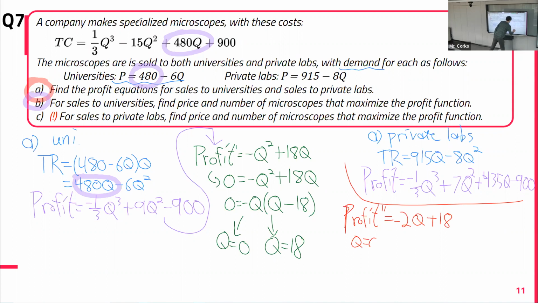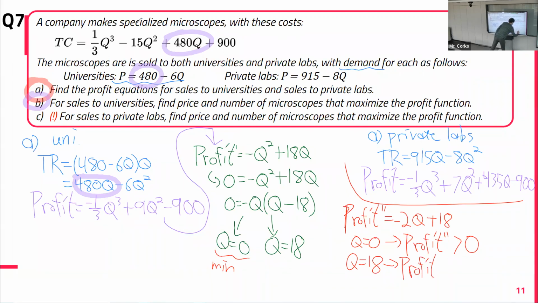If Q is equal to 0, our second derivative is 18, so it'd be positive. So here we have a minimum point.